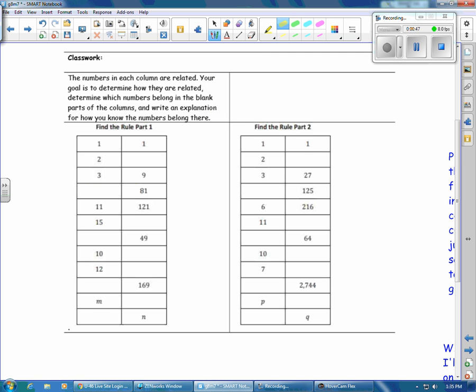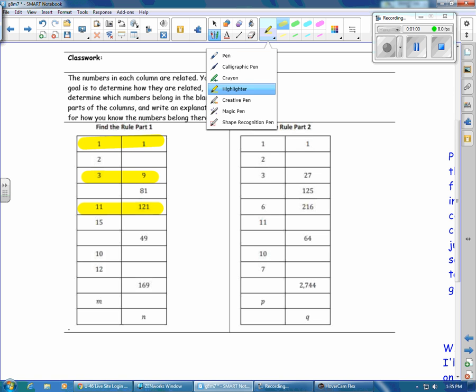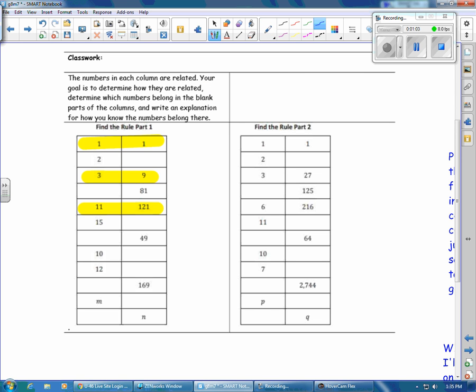The first one doesn't give us a whole lot of information. But when I look at the left side of the table and the right side, hopefully some of you are going, oh, I know this is a square root table. So what I want you to do in a moment is complete the missing sides of this square root table.